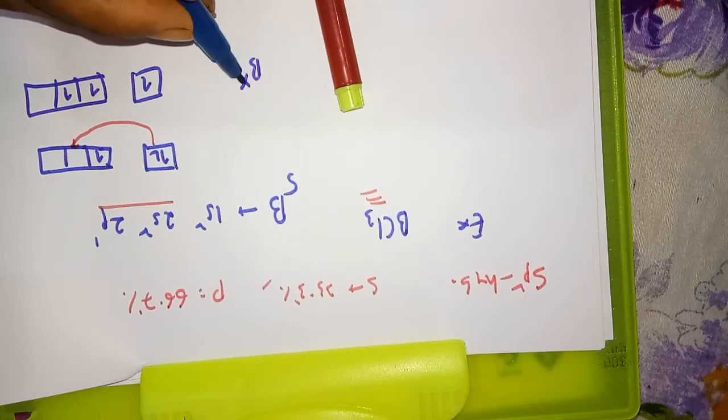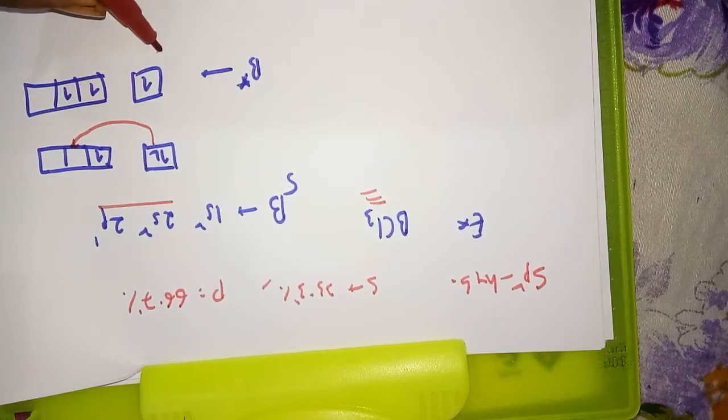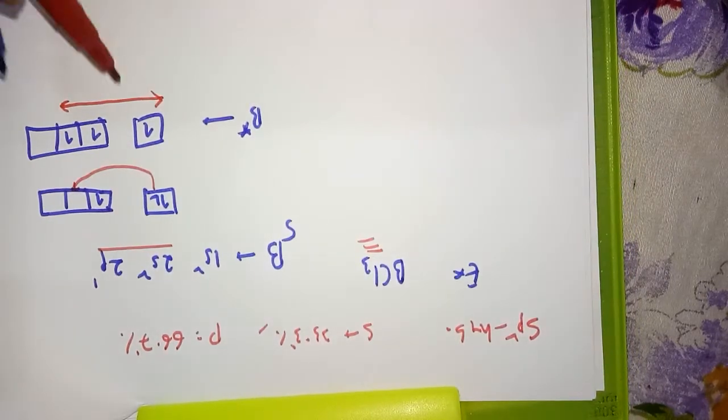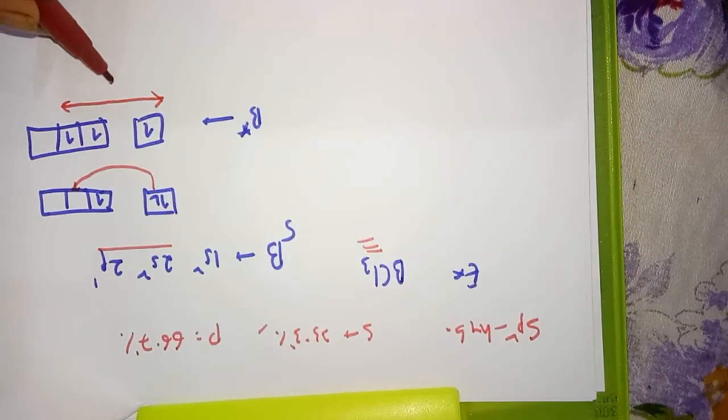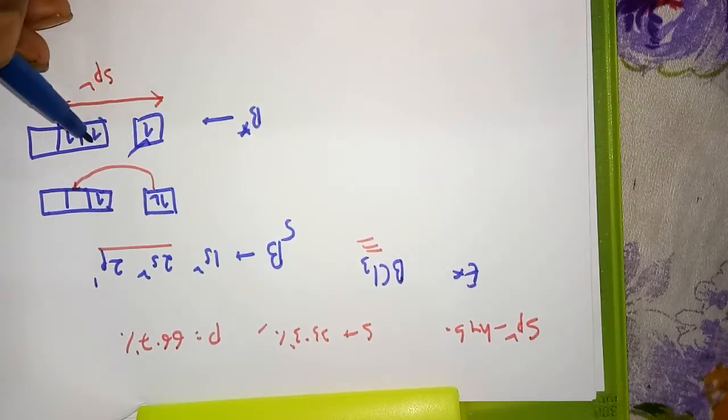This is B star. So now you have to consider the hybridization. Hybridization is 1s and 2p, so it will be sp2 type of hybridization. How many atomic orbitals are involved? Atomic orbitals are 1, 2, 3.